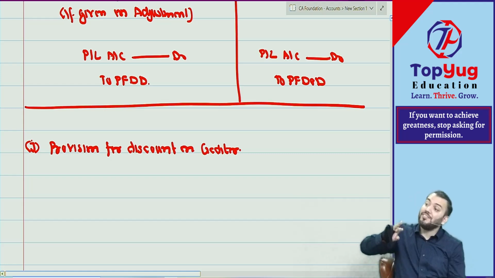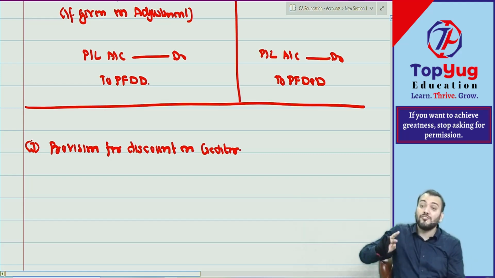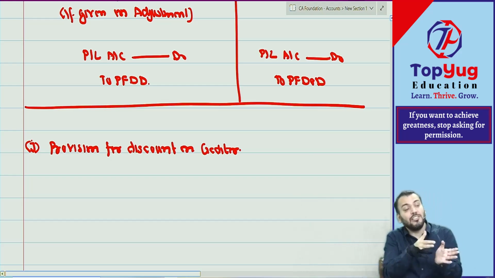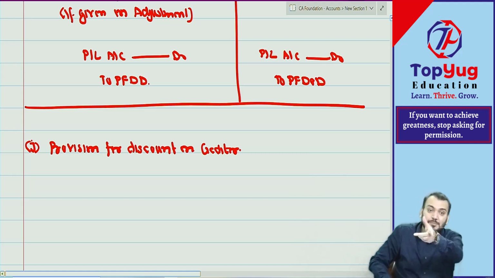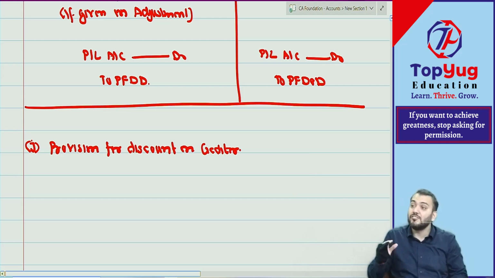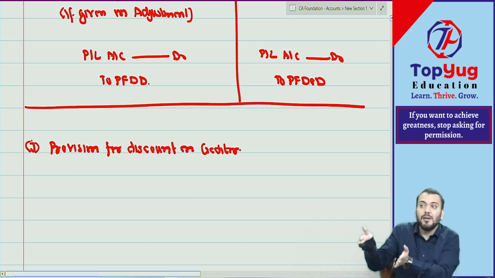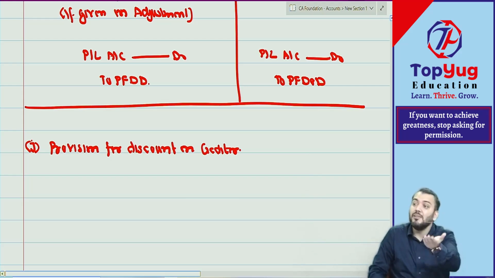When I am saying on debtor, we allow discount. If we allow discount in future, that becomes expected loss, and due to conservatism principle, we should create provision for such expected discount. But discount on creditor is discount we receive in future if we make early payment. We pay the creditor, and if we make early payment, they will give a discount.